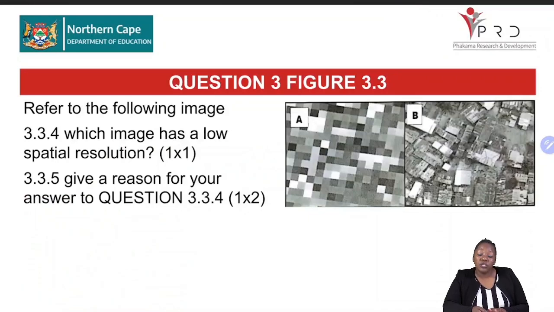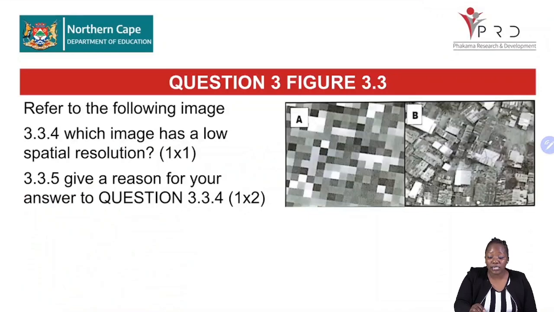Your next question, which is question 3.3.4 as well as your 3.3.5. You are given a picture there, it's picture A as well as picture B. You refer to the following image. Your 3.3.4, which image has a low spatial resolution, looking at A as well as B. And then your 3.3.5, you need to give a reason for your answer.